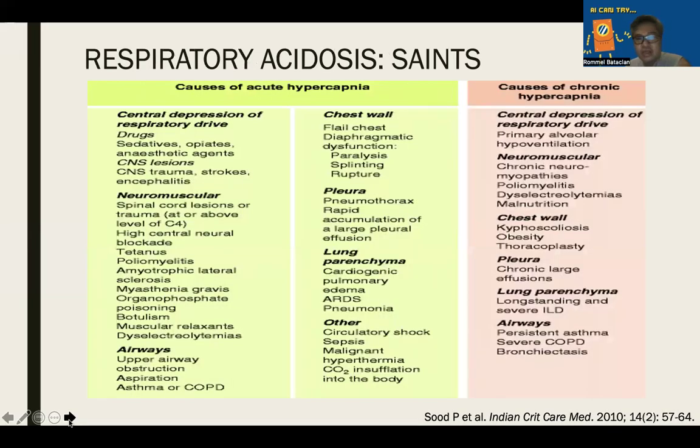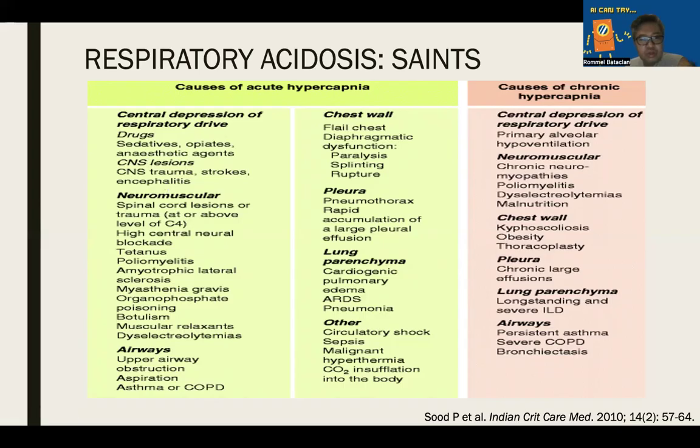So respiratory acidosis is primarily caused by disorders in the respiratory system. So it could be sedatives or some disease state or medications that would lower the respiratory drive.